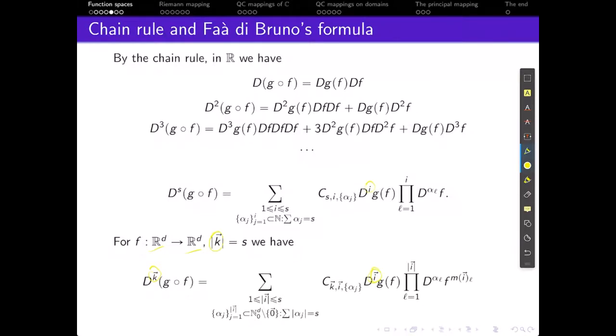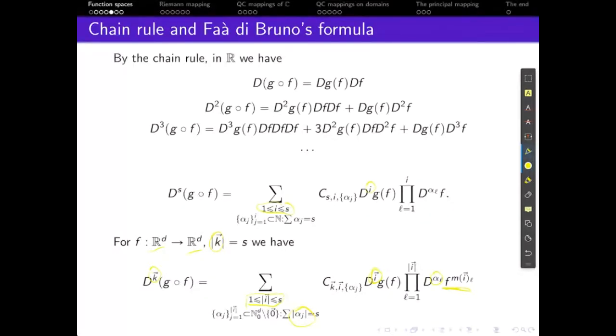Well, instead of having I derivatives, you will have this vector I derivative. The number of derivatives will still be controlled by s as before, so this is the same idea. And the number of alphas, the number of derivatives of the function f, will also add up to s. Okay. Good.